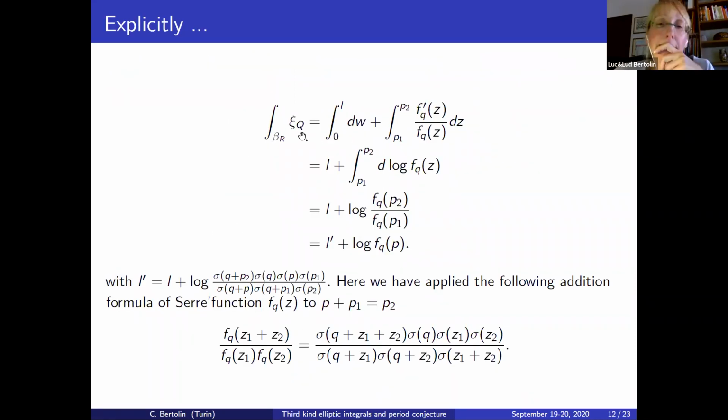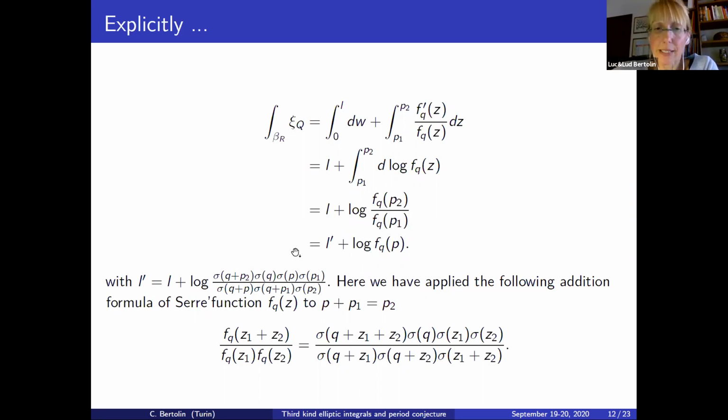And CQ, the pullback of CQ by the exponential, is dw and f prime q over fq dz. So I have to integrate the first, d omega, from 0 to L, and this logarithmic differential from P1 to P2. And I recall that P1 minus P2 was the point P. And this I get L plus log FQ P2 over FQ P1.